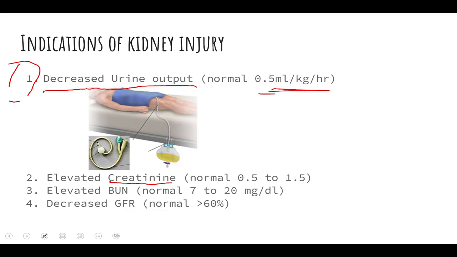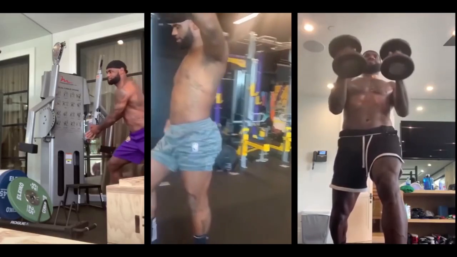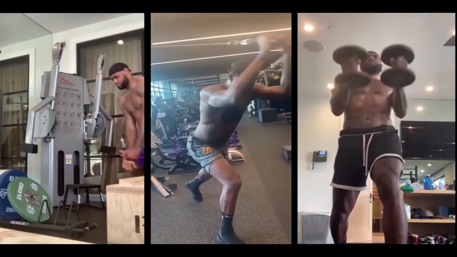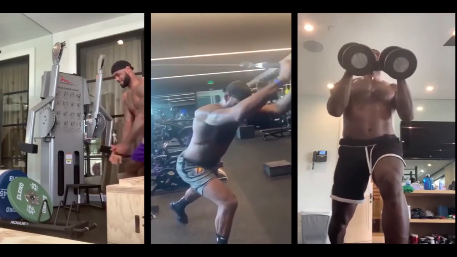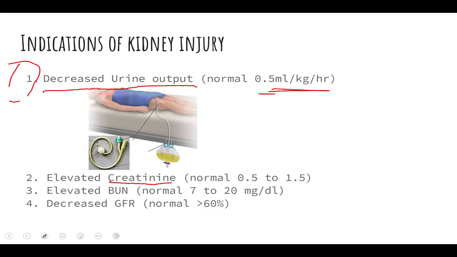Now, it is normal for men, or someone who has just consumed a high protein diet, or someone who works out regularly at the gym, to have higher than normal creatinine, okay? Which is why we also look at the blood urea nitrogen.